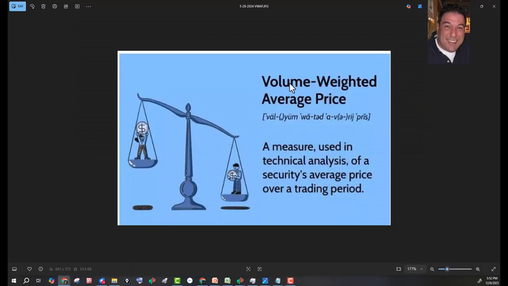It's an acronym. So you can see right here it is the volume weighted average price. It's supposed to be close to taking the average price that every share sold from the beginning of the day and then dividing it by the total number of shares that sold. That's what it's supposed to be, but it's not quite that.